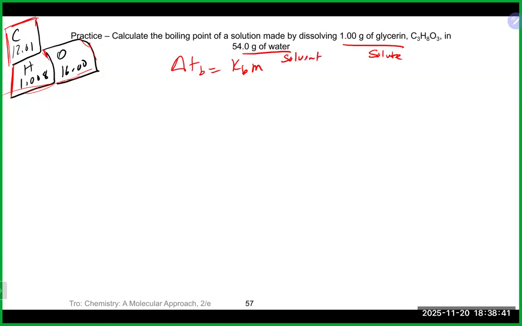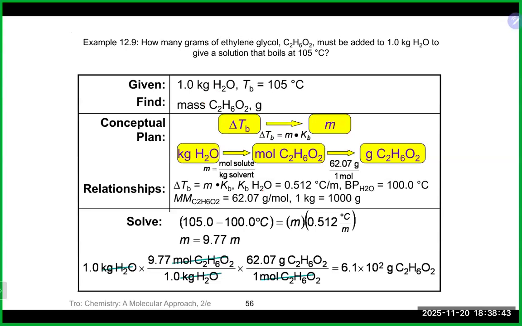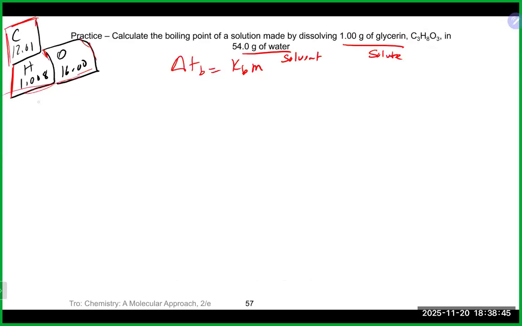Just like in the previous problem, we look up our Kb, 0.512 for water. We also know our normal boiling point is 100 degrees Celsius. In this case, we're looking for the boiling point of the solution.